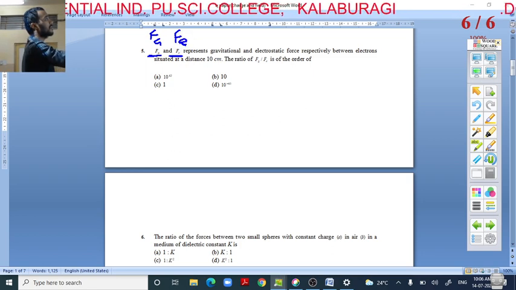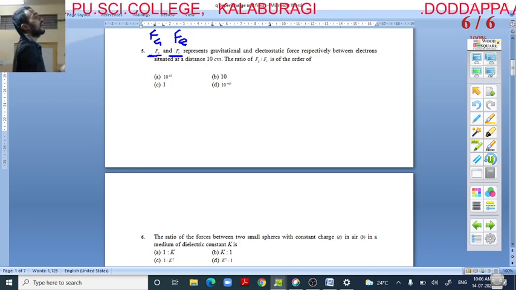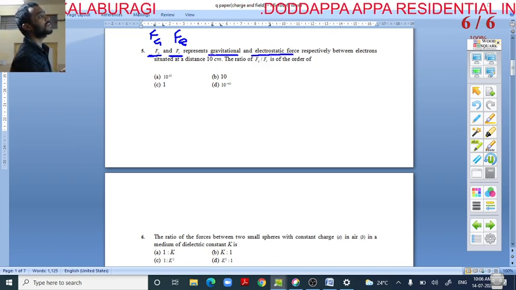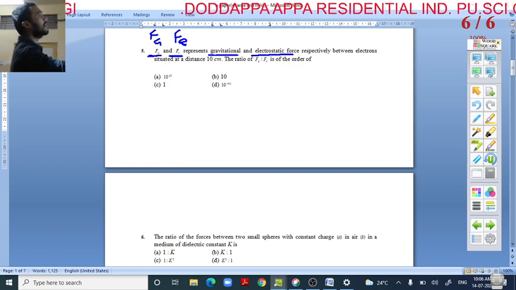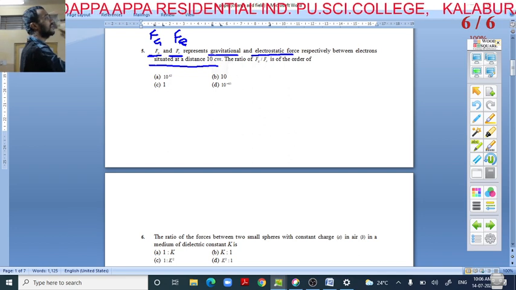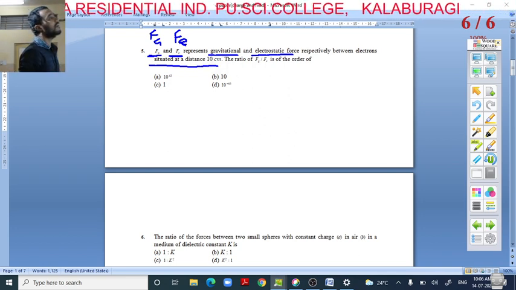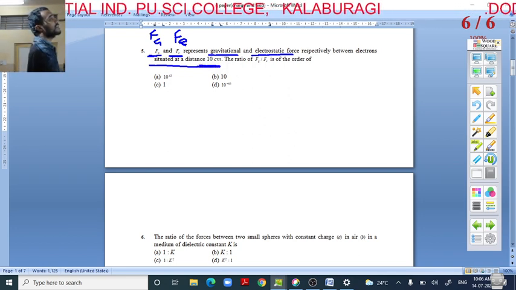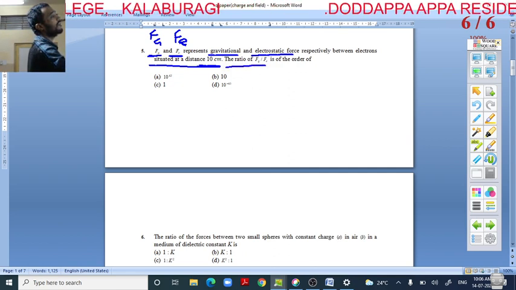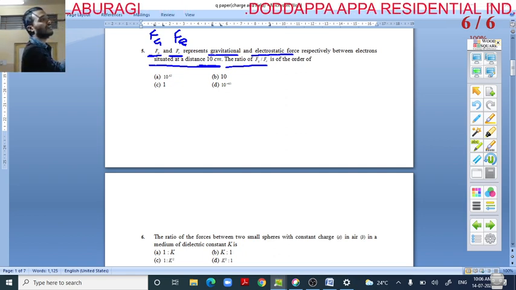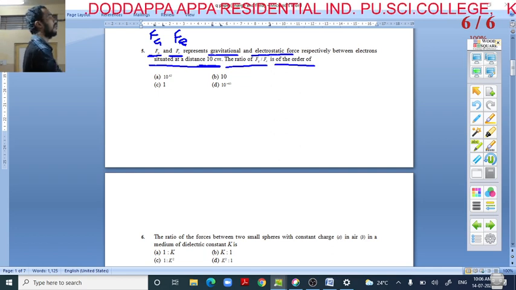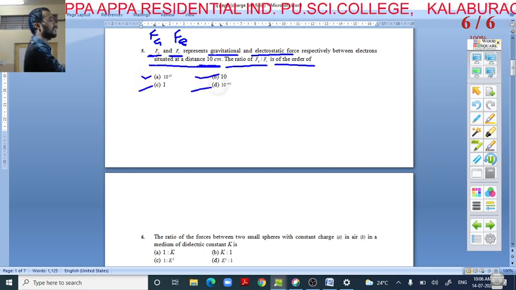Okay. They represent the gravitational and electrostatic force respectively between the electrons situated at the distance of 10 centimeter. The ratio of Fg to the Fe is of the order of some options he has given.